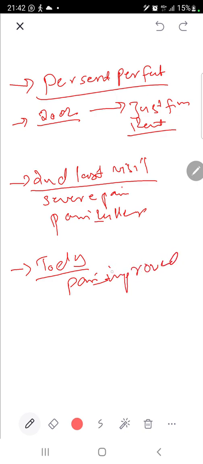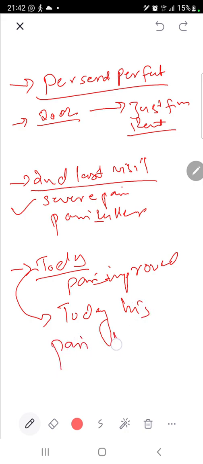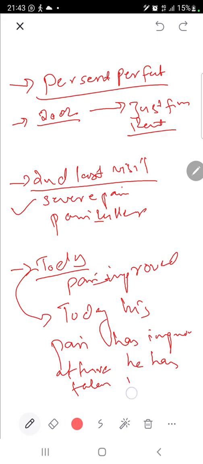So we write this case and this history together. Let's say today his pain has improved after he has taken the painkiller. So you can say that these are examples of the present perfect tense.